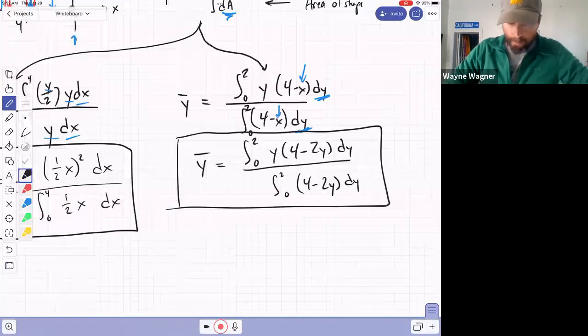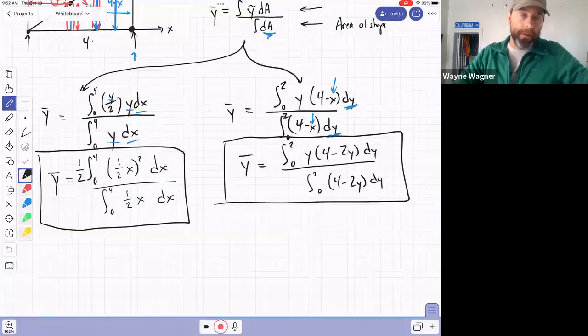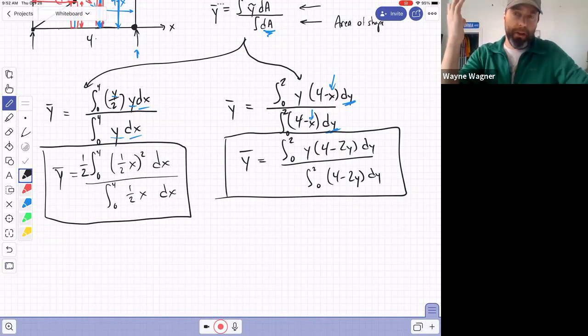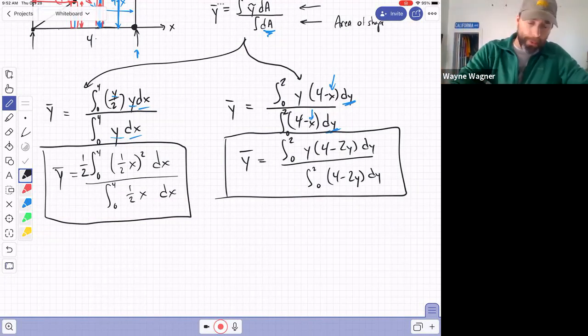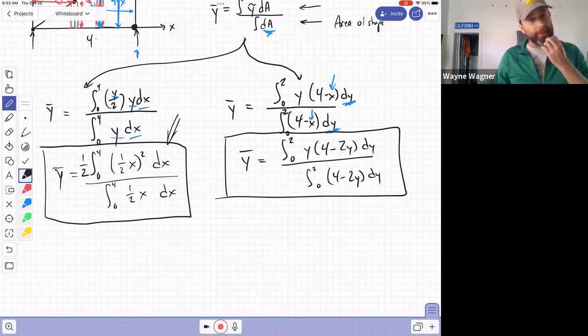And now we just need to figure out which one of these is easier to solve. Okay, and so really, if you're like, I always like to use vertical boxes, you can always use vertical boxes, and you don't really care. Or you could always do a horizontal box, but sometimes that's going to be almost intractable. In this case, neither of these integrals is really all that difficult.